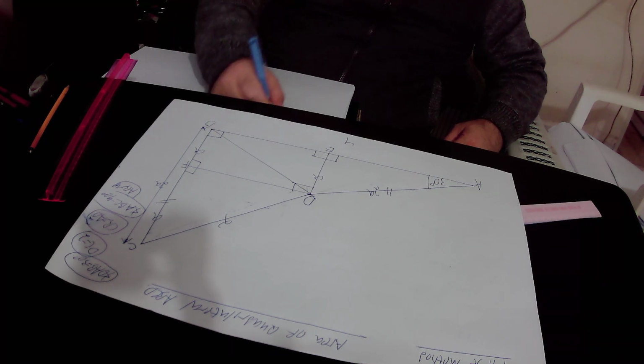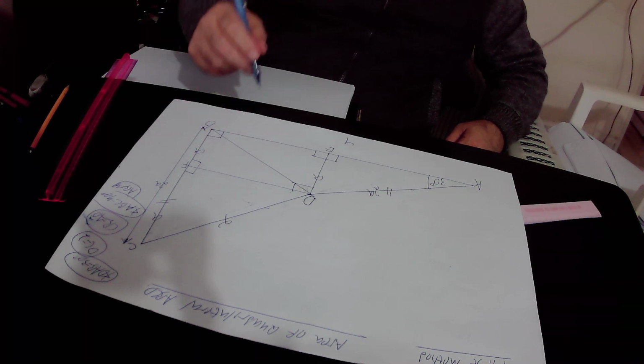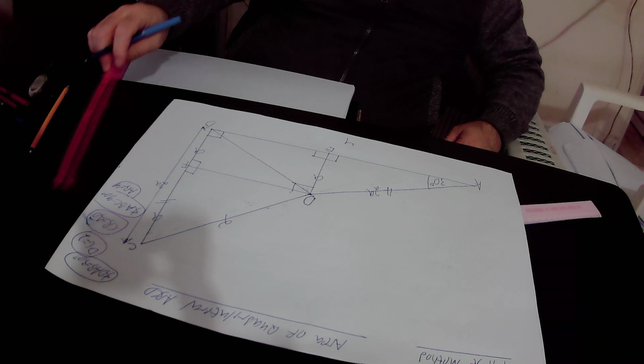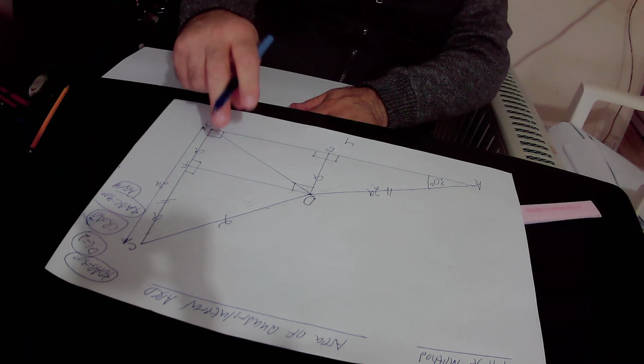Triangle DFB congruent to triangle DFC, this triangle. So why are those two triangles congruent to each other?